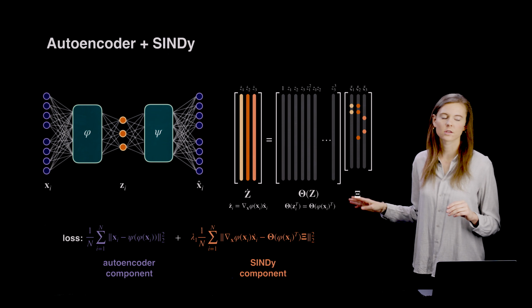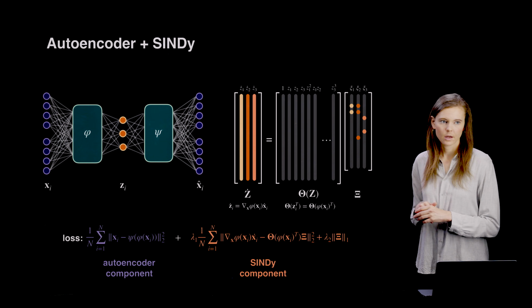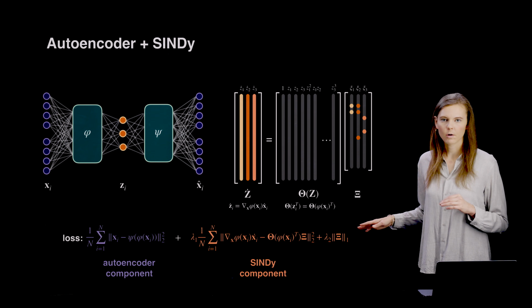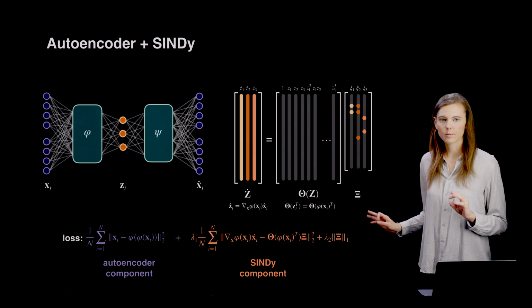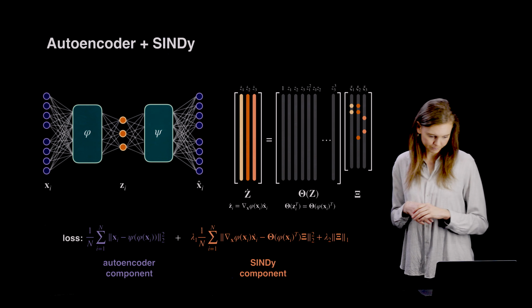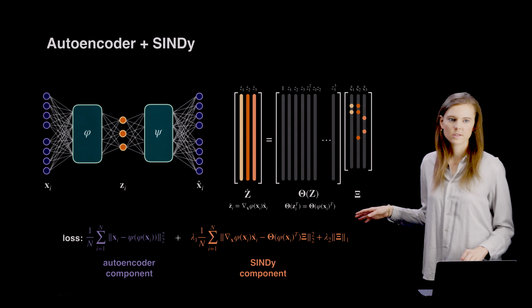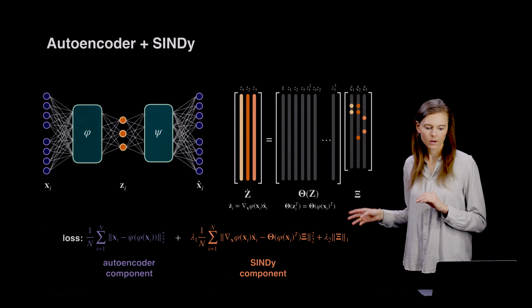And then we can use this together to train the network. And I'll also add in an L1 penalty here just to encourage that we're finding a sparse dynamical model and not just any dynamical model on the data. So this is essentially the setup that we use to train our network.